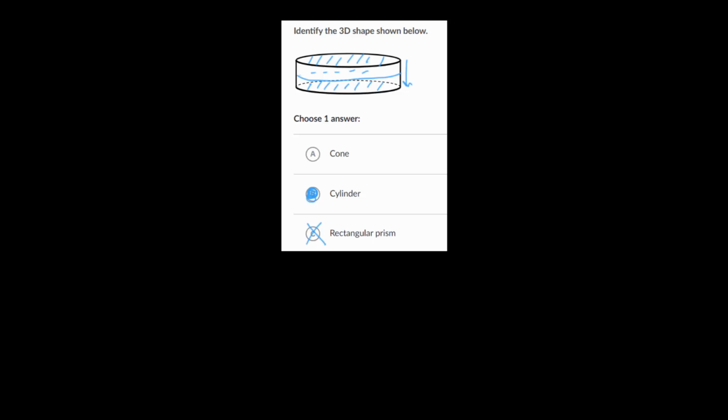Now, a cone, like I mentioned, is very similar. It's going to start with a circular base, just like this. So let me try to draw that in with a little bit of perspective. But with a cone, instead of sliding up, every point on the edge of this base is going to meet at some point above.